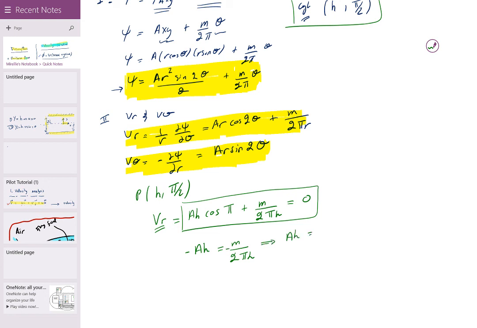So A h is m over 2 pi h, or h squared equals m over 2 pi A. And that's a relation between the height h, m, and the constant A. So here's the problem solved.